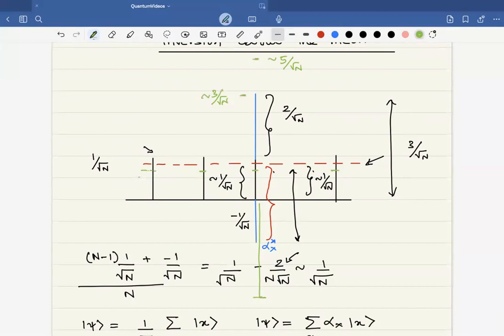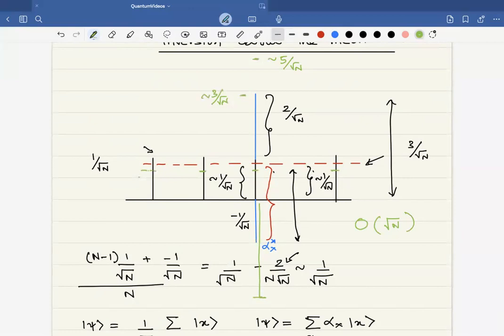And then one can show that in order of square root of n operations, we can get the amplitude of the marked element sufficiently amplified such that the probability of measurement of that marked element is high. Now one has to be a little careful over here.